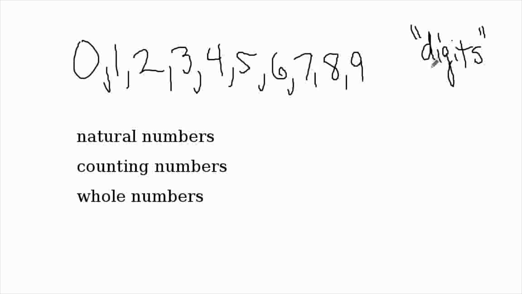All right, so what if we wanted to represent a number bigger than 9? That's the last one there on the right. Do we have to make up a new symbol? What I'm going to do is write the symbol 1 and a 0.